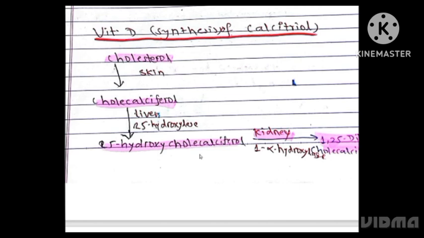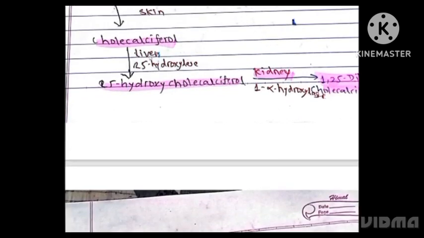Okay, now synthesis of calcitriol, which is the active form of vitamin D. In skin, there is 7-dehydrocholesterol, which is acted on by ultraviolet radiation and converted to cholecalciferol. Now, this cholecalciferol in the liver is acted upon by 25-hydroxylase to form 25-hydroxycholecalciferol.